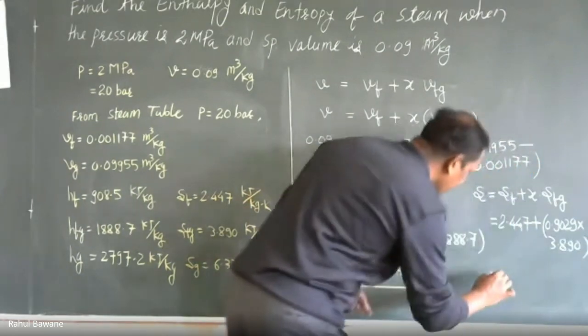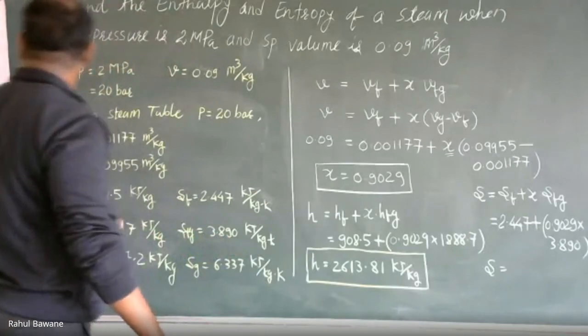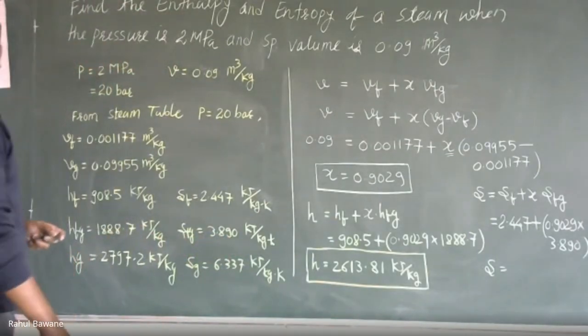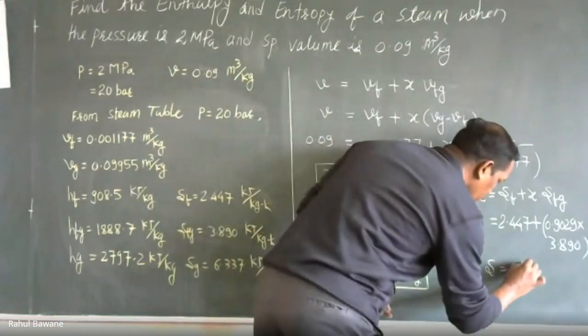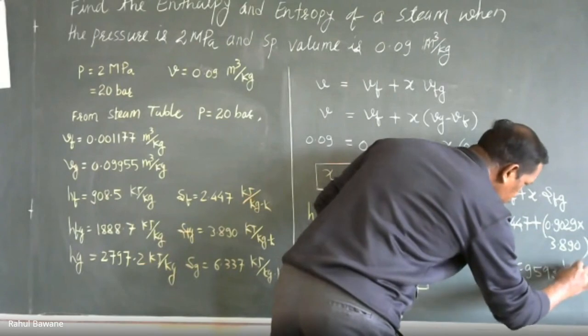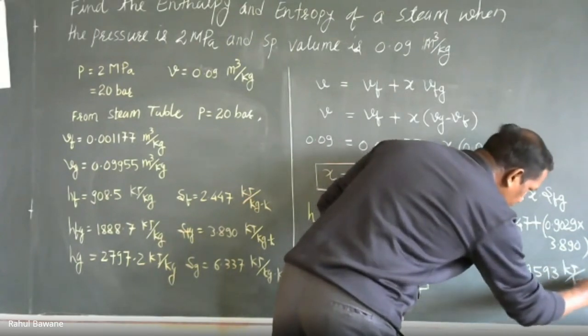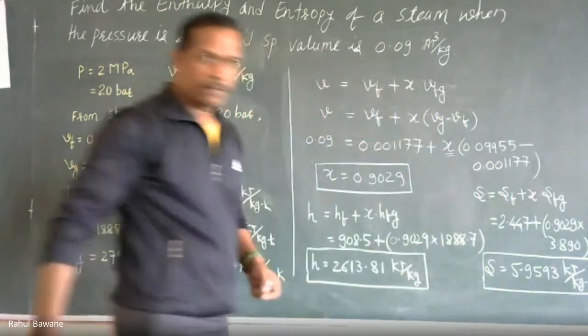When I calculate, the specific entropy of this given steam is 5.9593 kilojoule per kg Kelvin.